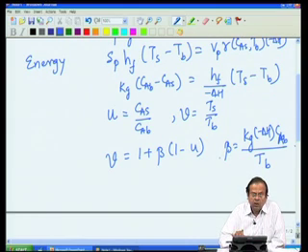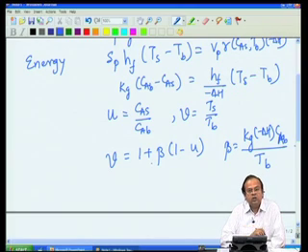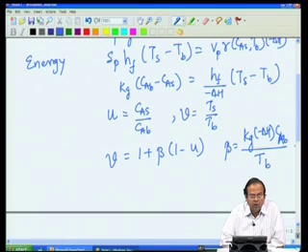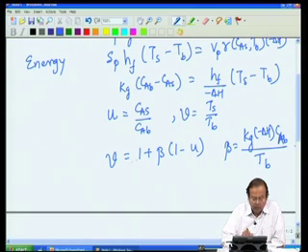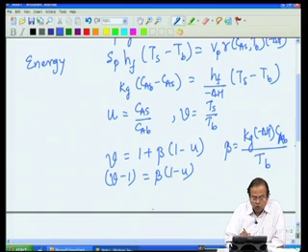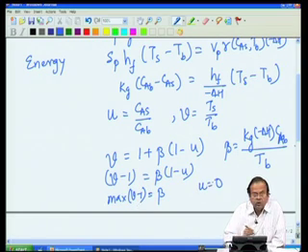What is this beta? Beta once again has a significance similar to the Prater number, because if you look at when U is 0, the temperature at the surface is different from the bulk, or we can write V minus 1, which is the temperature difference, as beta into 1 minus U. So, beta is the maximum value of V minus 1, because that is when U is 0.